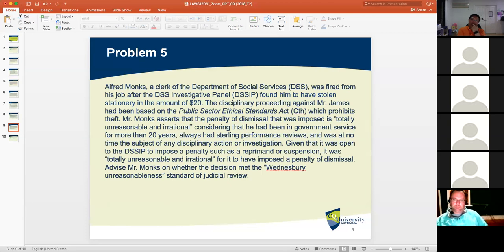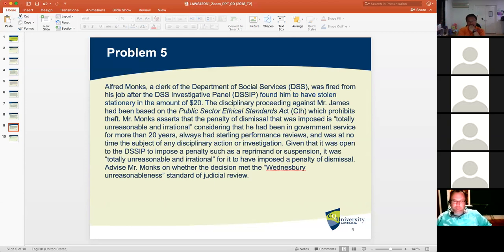Stealing stationery worth $1 would be a little bit difficult to say whether it means unreasonableness or not, because of the amount of $1, the motivation to steal $1 will be quite questionable. Well, how different is it from $20 as opposed to $1,000, as opposed to $5,000?